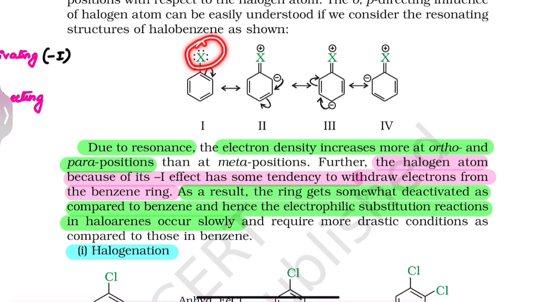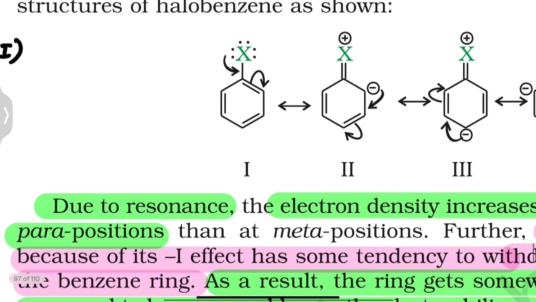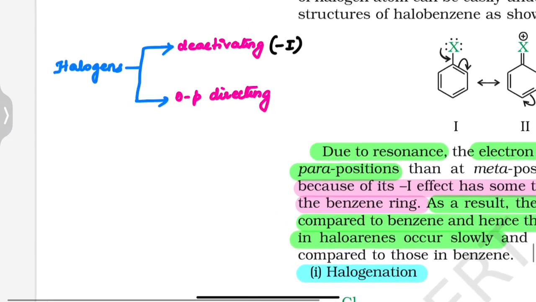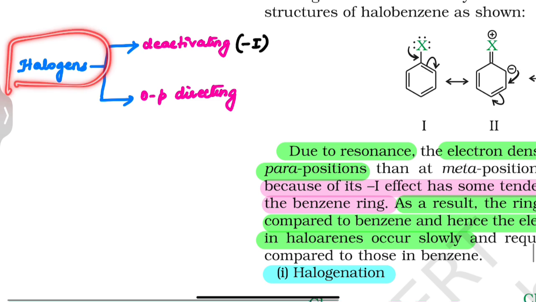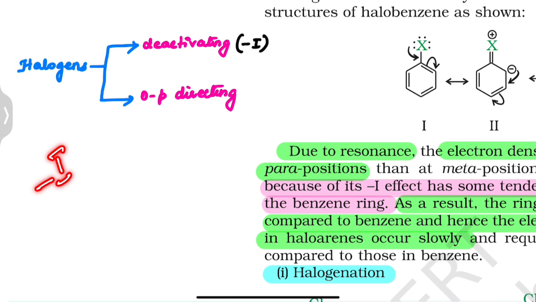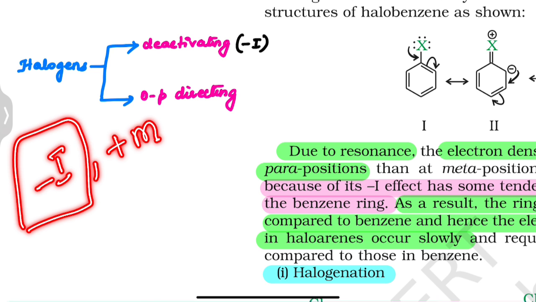So halogens show a minus I effect, and they pull the electron present here towards the halogen. They are decreasing the electron density on this carbon, therefore they are deactivating groups. Remember that halogens show two effects, the minus I effect as well as the plus M effect, but the minus I effect is the dominating one in halogens.